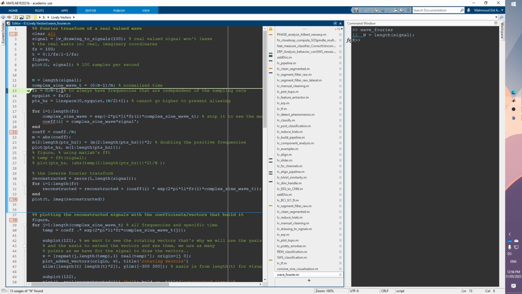So we create this frequency vector, and later on we can transform this into hertz, as we will see. We define another important thing, which is the Nyquist, and I'm putting this just to convert what we are seeing into hertz, but we don't have to do this in this kind of demonstration, because here we are merely demonstrating the Fourier transformation.